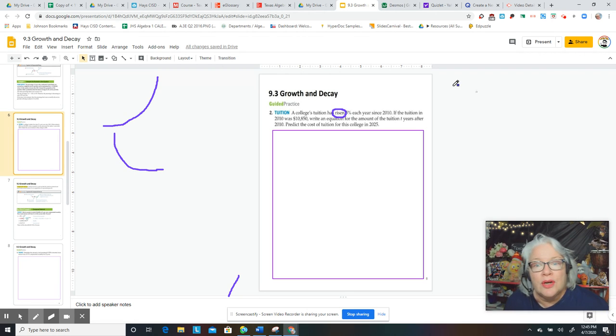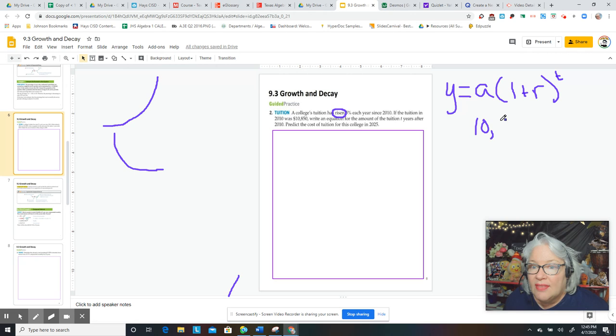So we're going to be doing a growth problem. Since 2010, the tuition in 2010 was $10,850, that is our starting point, a. Write an equation for the amount the tuition will be t years after 2010.